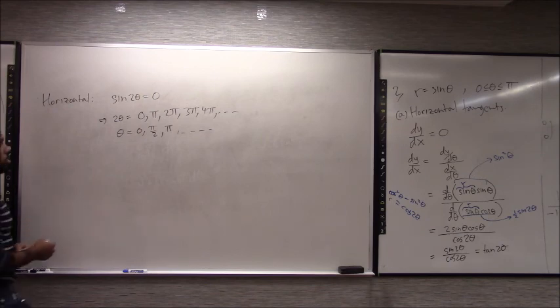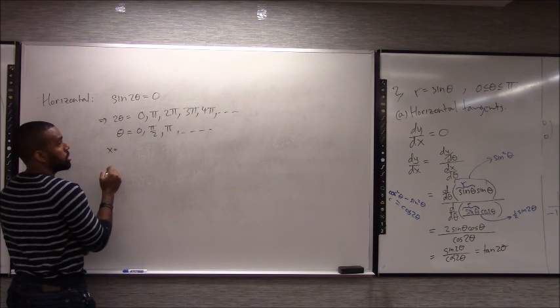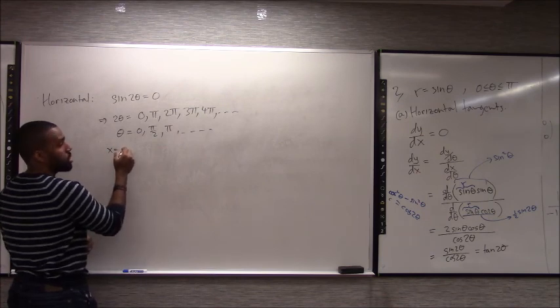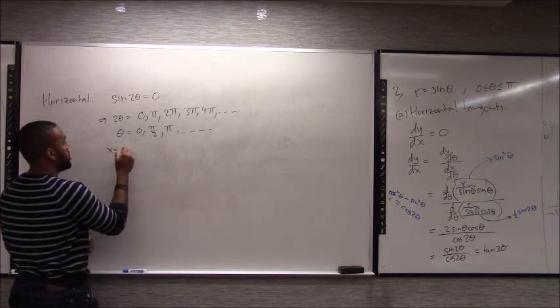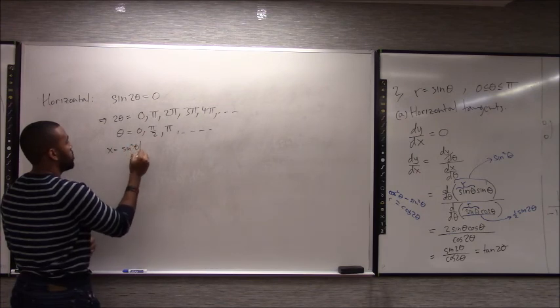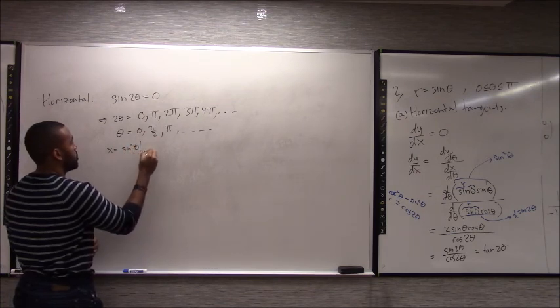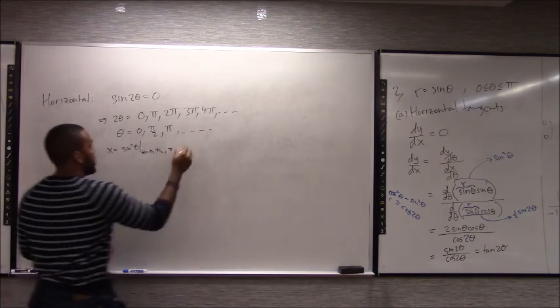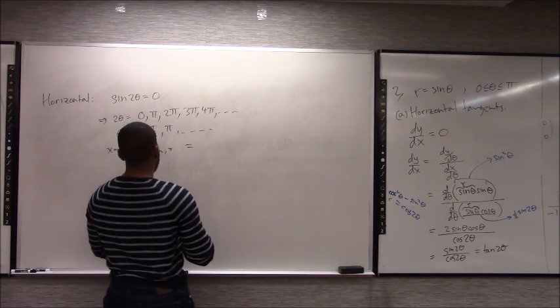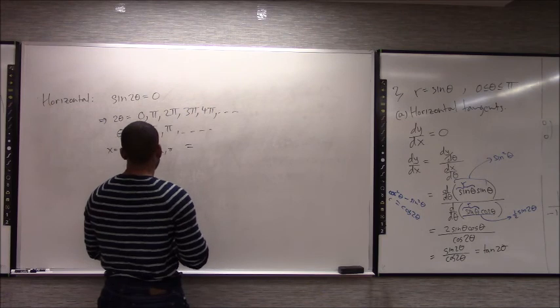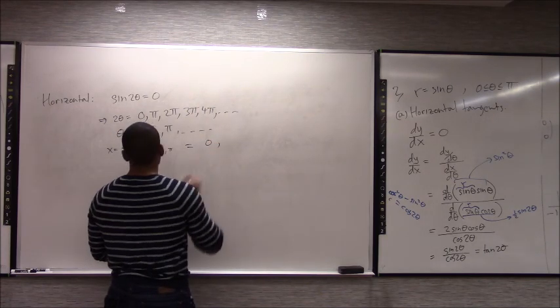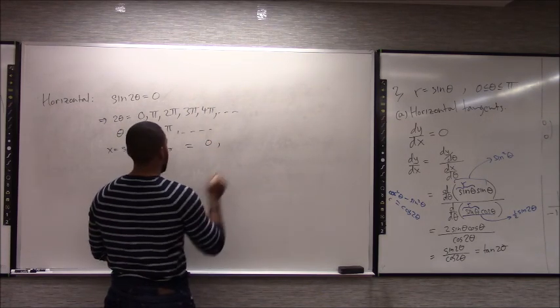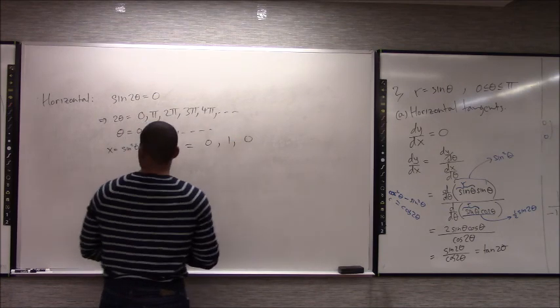So x would be r cosine theta. So that's going to be sine squared theta evaluated at theta equals 0, pi over 2, and pi. So the corresponding values will be 0, or if I plug in pi over 2, I would get 1, or 0.